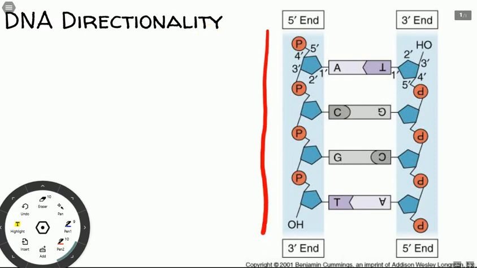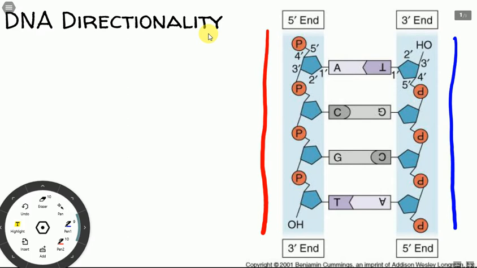You can see here we have one strand on this side and obviously another strand on the other side forming the double helix. The tricky part about this is you're going to run into some questions where you have to understand what the 5' and 3' end are and be able to identify them. So I wanted to point that out to you in this video and then do a couple practice problems. So here we go.